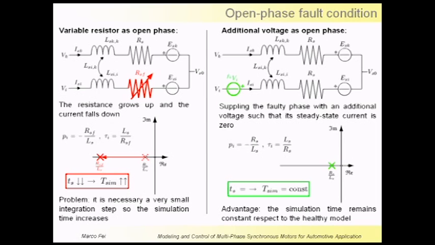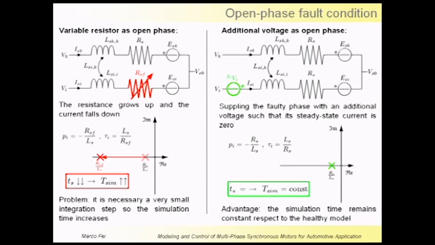So when the resistance goes up to infinity, the pole of the system moves to the left, and this means that the time constant of the faulty phases decreases, and so a very high simulation time is necessary. To overcome this problem, we propose to use this second model in order to simulate the failure.